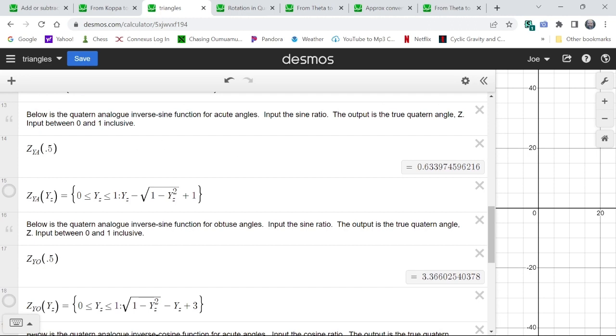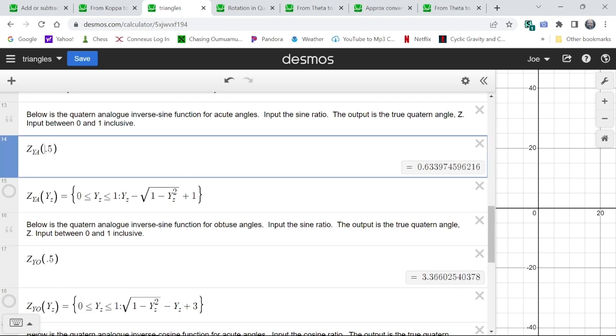So we want the inverse sine function for acute angles, and I can plug in the value that I just found, 0.9748. And then the output will be the measure of the angle in quaterns. And so I find that this option for C is 1.752. That is the quatern measure of C.